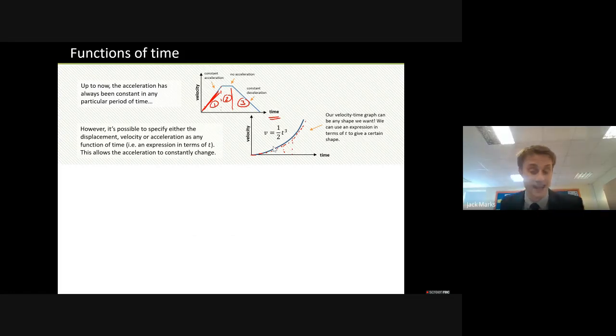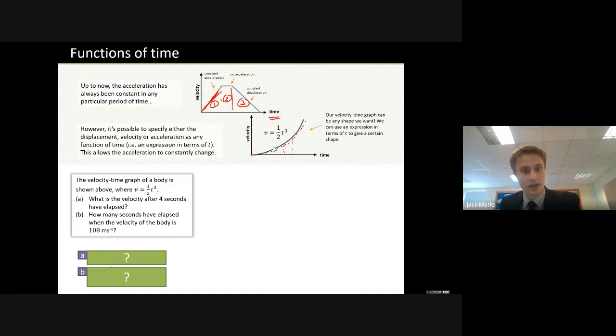So you could draw a tangent, which is what you did at GCSE, to work with that a little bit more. But what you'll see is actually we can use differentiation and integration if we want to work a little bit more with this instead of areas under and gradients and stuff. Of course, if we just want a velocity and we have our time, plugging in a time there gives us a velocity.